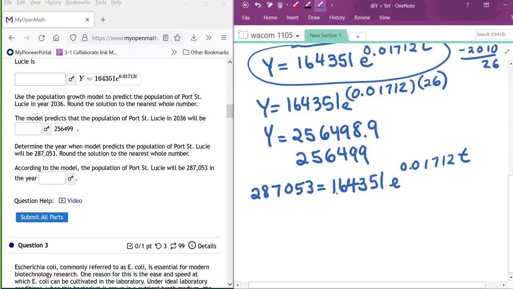The first thing we have to do is divide out this initial. But we'll wait to divide it on the left. We'll just write the step. And then we'll take the logarithm of both sides to get the exponent to come down. So we're going to take the logarithm of this.